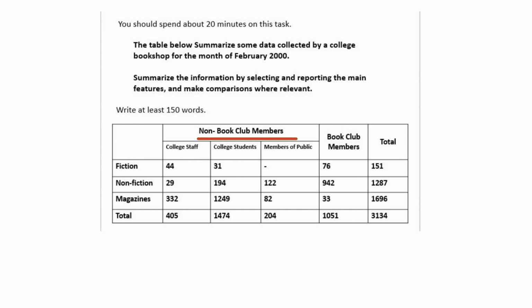But non-book club members bought more than 2000 books, because college staff bought 405 books, college students had more than 1400 and members of the public had around 200 books. So the total is more than 2000. So this can be our wonderful overview.